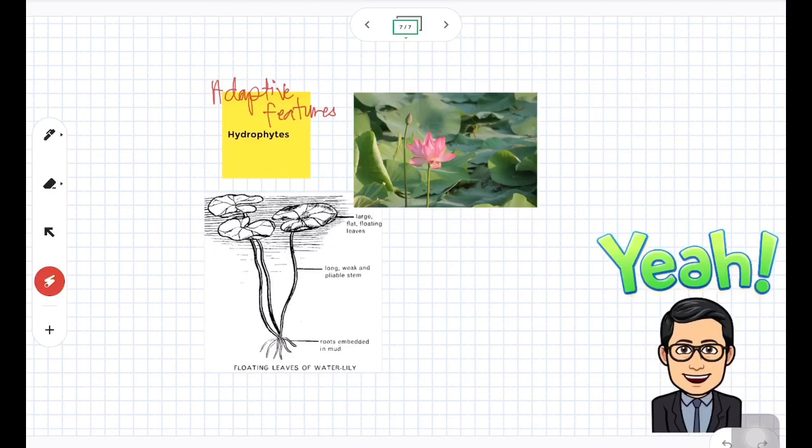So first, it has wide, flat leaves to increase surface area for flotation, or for floating right here. Okay, and to be exposed to as much light as possible for their photosynthesis process.